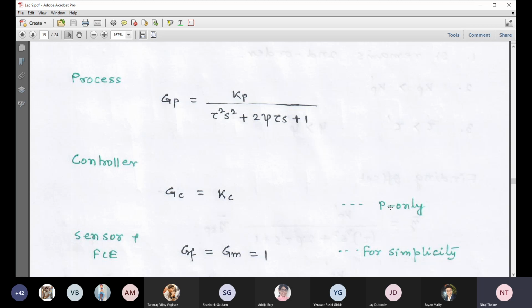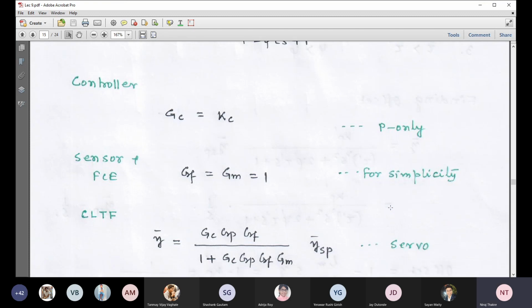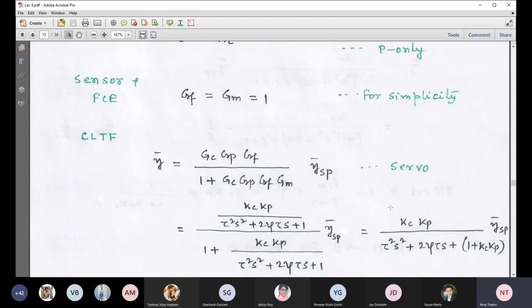With the information of all four transfer functions, we can move to the second step, the derivation of the closed loop transfer function. So this is the closed loop transfer function for the servo case.